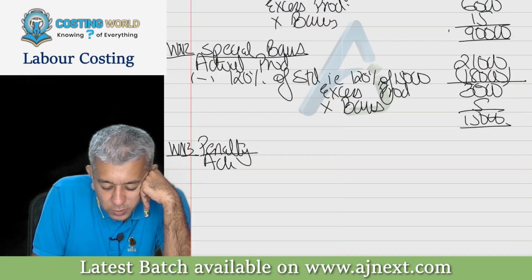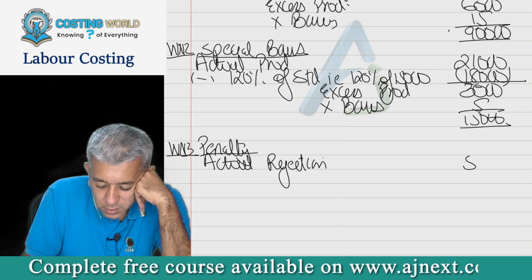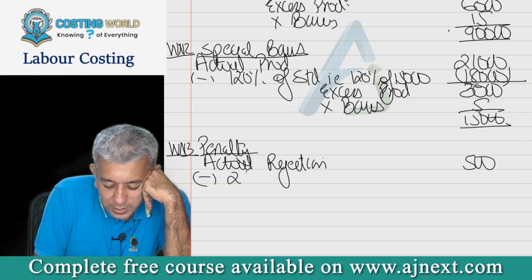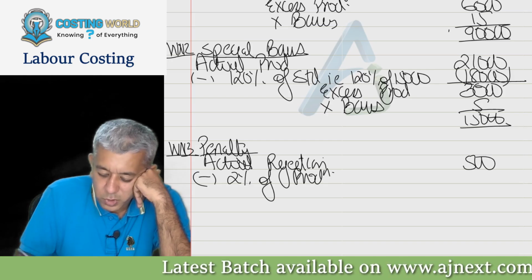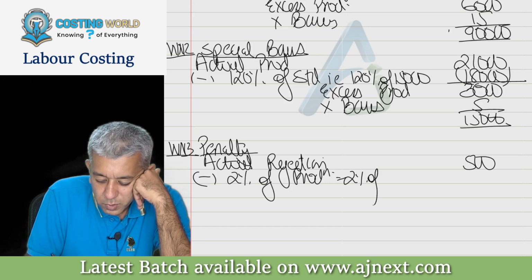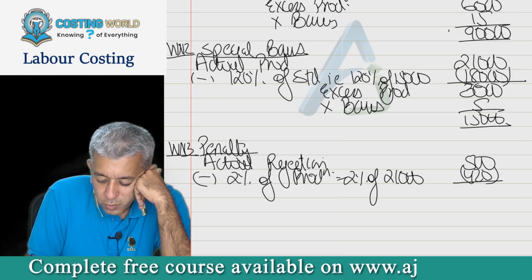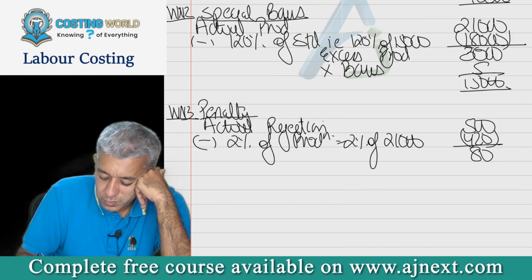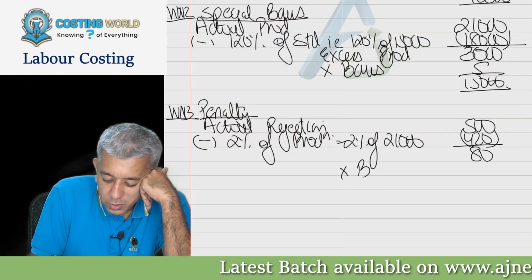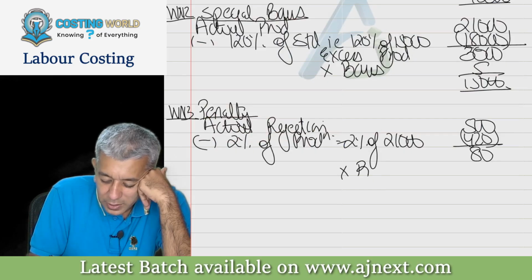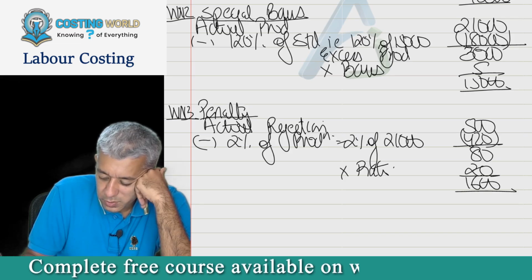Actual rejection less 2% of production, 2% of 21,420. So excess is 80, into penalty rate 20, 1,600.